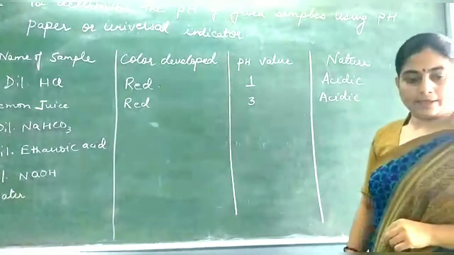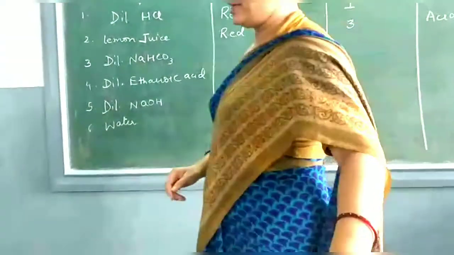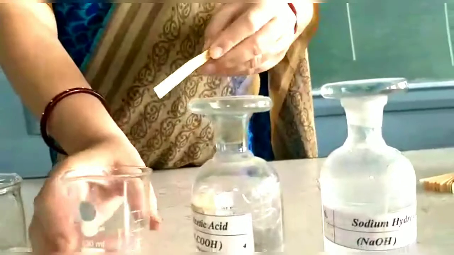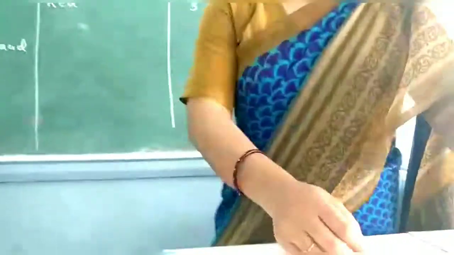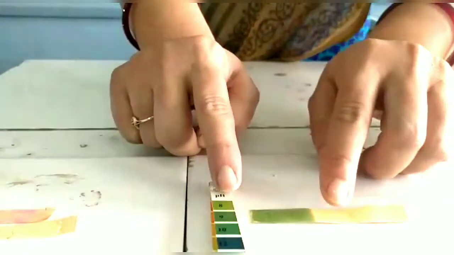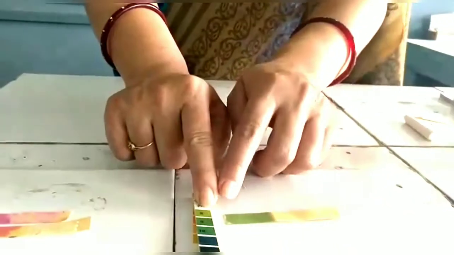Clear? Now we'll move to the third sample, and the third sample we have is dilute sodium bicarbonate. By dipping this strip in this solution and comparing it with this strip that I have placed on the white tile, if you compare the color, it comes out to be 8.